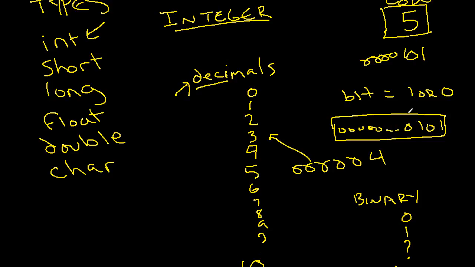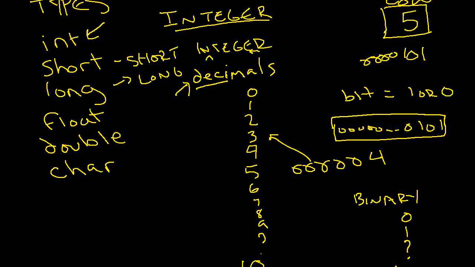But this concept of the number of bits that we have is interesting because it brings us to shorts and longs. A short is a short integer, and a long, as you might have guessed, is a long integer.